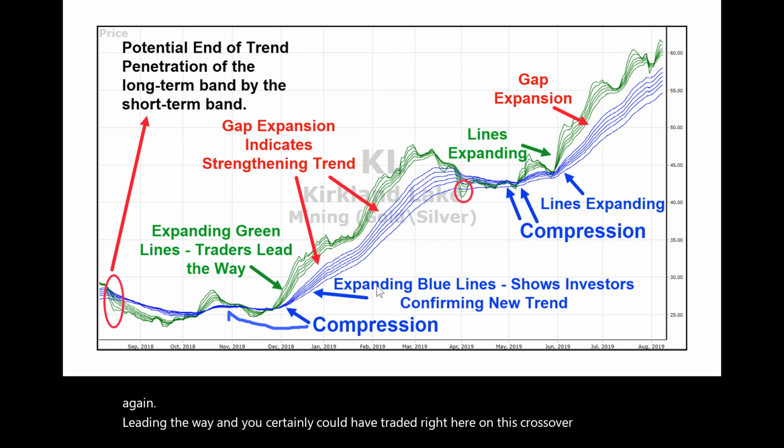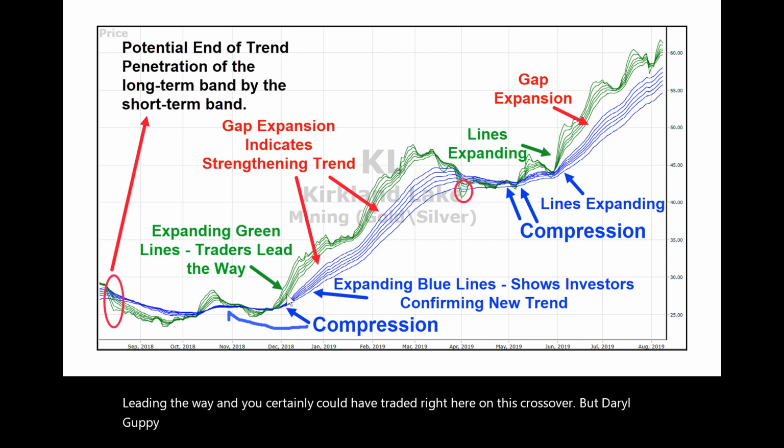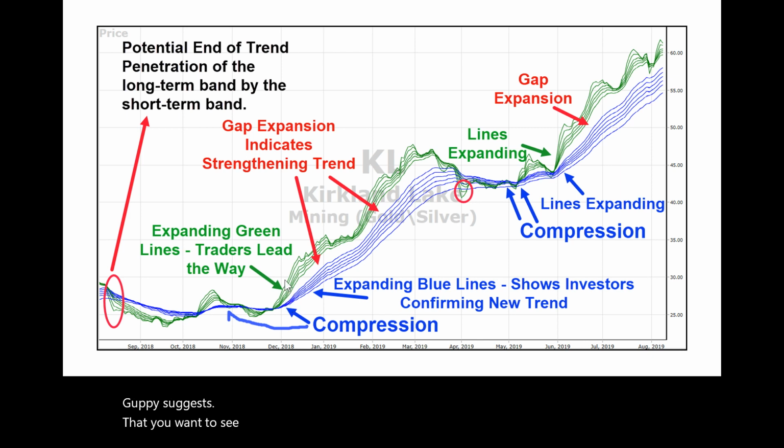But Daryl Guppy suggests that you want to see some separation or expansion of these lines within the traders band and the lines within the investors band. So we've got that time to get in, and as we see this gap in between the two bands is growing, that's a good time to stay with the trade.